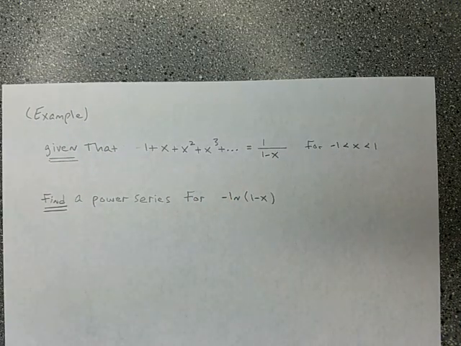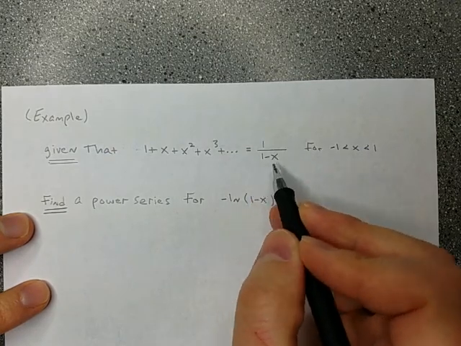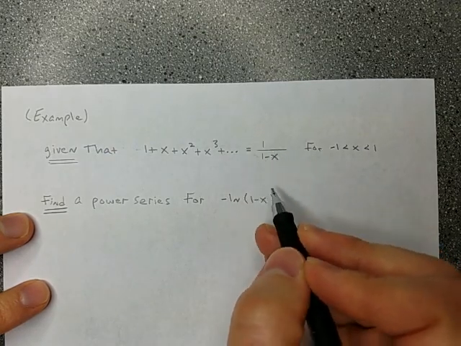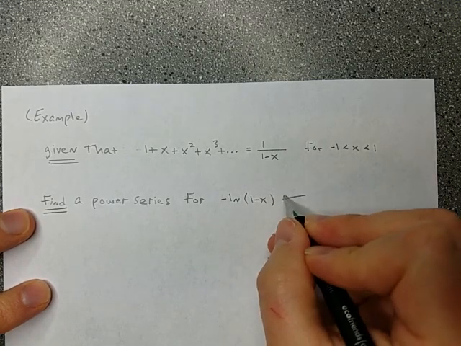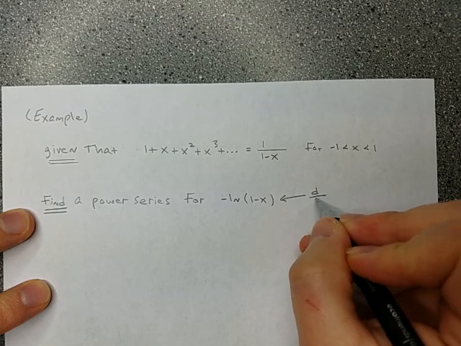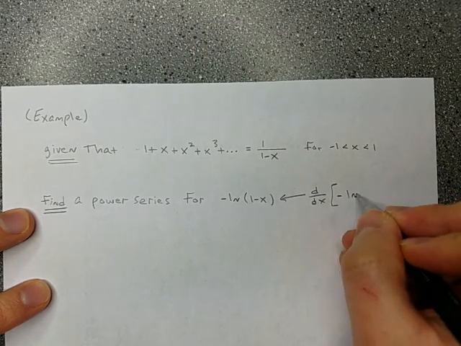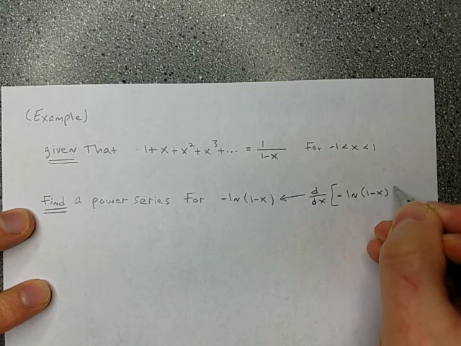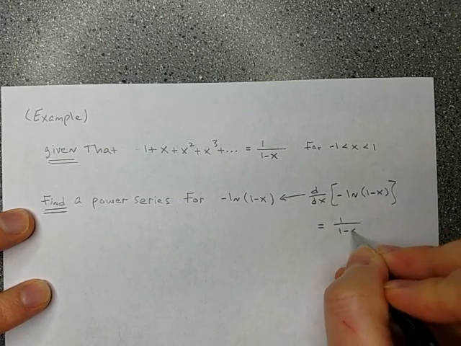All right. And I look at this and I notice, is there any way you can get this from that somehow? Is there something that you would do? And I'll note to you that the derivative with respect to x of negative natural log 1 minus x is going to be 1 over 1 minus x.